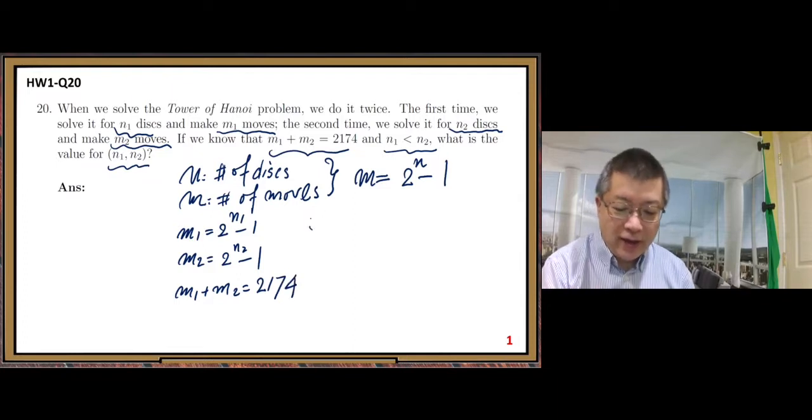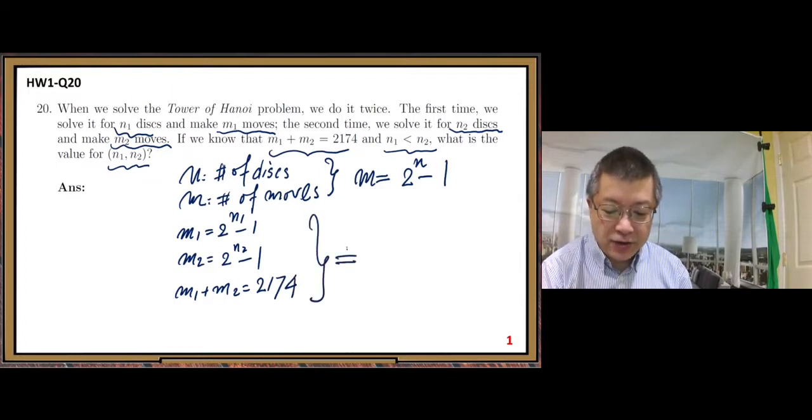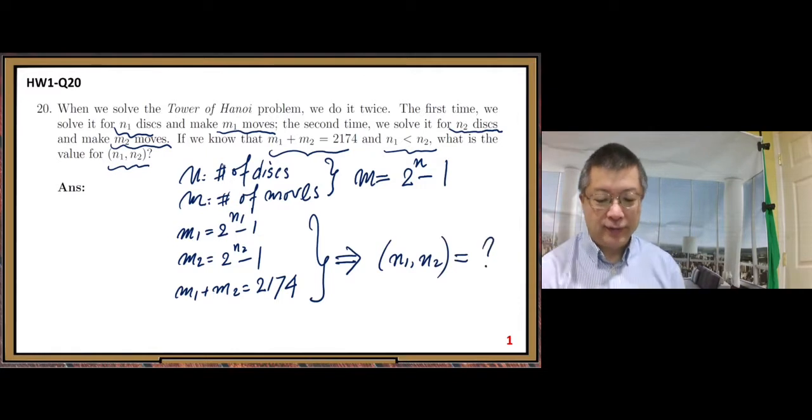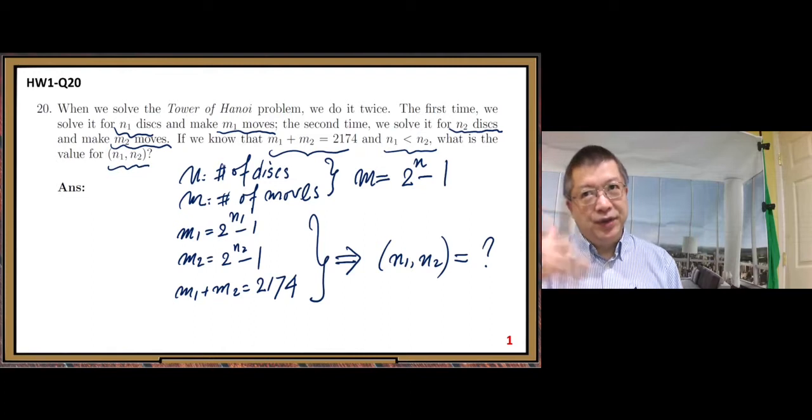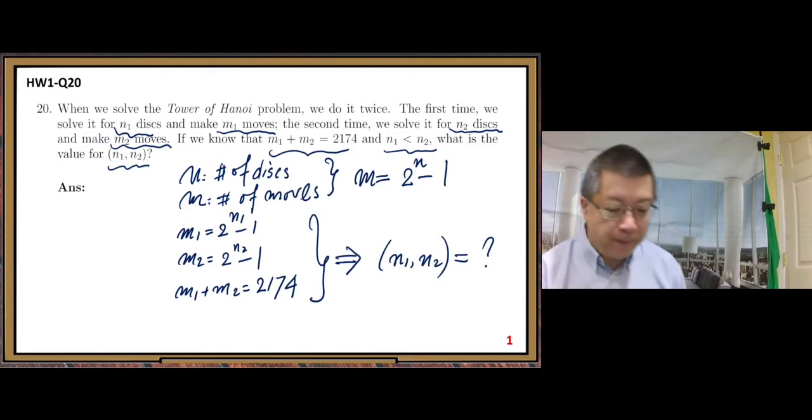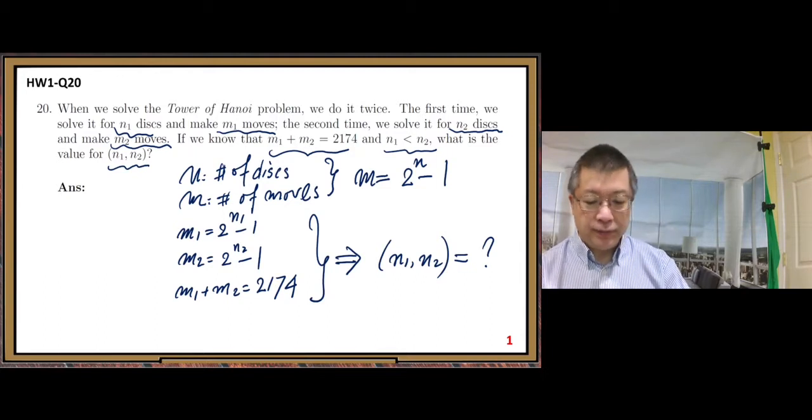After that, can you solve for the pair N1 and N2? Try to use some special properties of integers to get a solution. The solution is unique. All right, so that is question number 20.